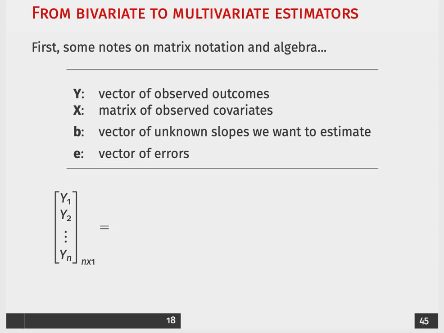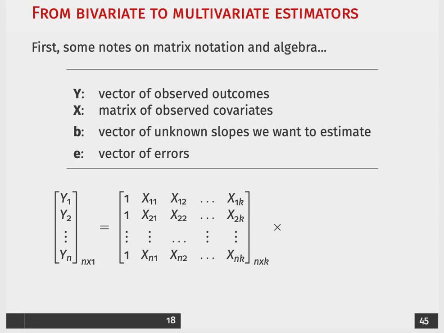So we can look at this in matrix notation. Y is a vector of length n, however many observations we have, and there's only one column. We then have our matrix of covariates where our first column is just going to be our intercept, all ones. Then we start with the second column, which is our first covariate, then the third and the fourth through k covariates.